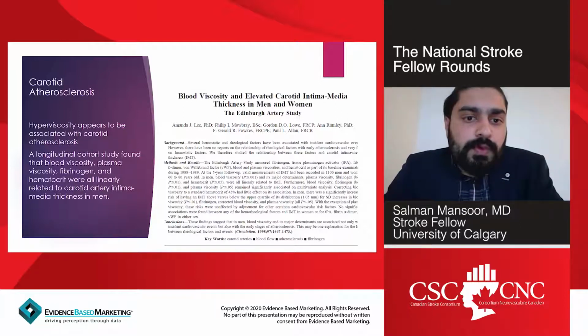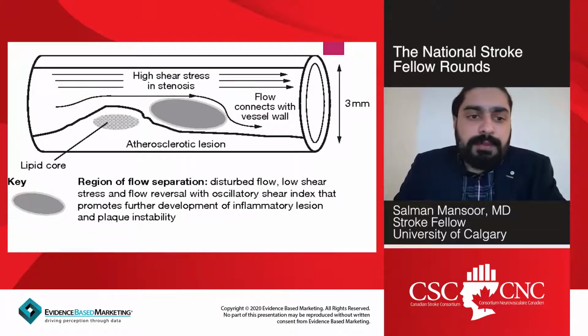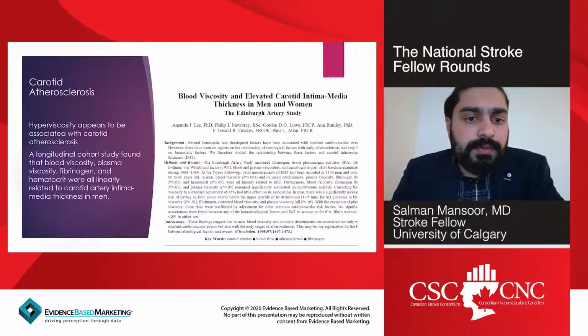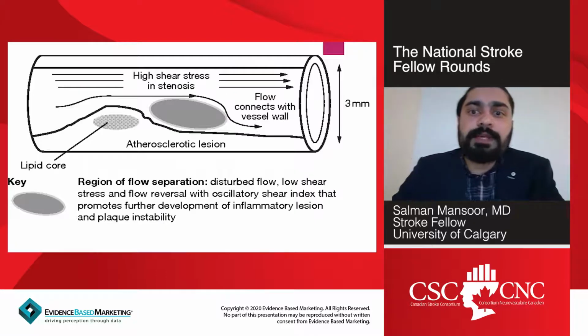A longitudinal cohort study found that blood viscosity, plasma viscosity, fibrinogen, and hematocrits were all linearly related to the carotid artery intima media thickness, mainly in men, which also supported carotid atherosclerosis being closely related to this blood rheological concept.